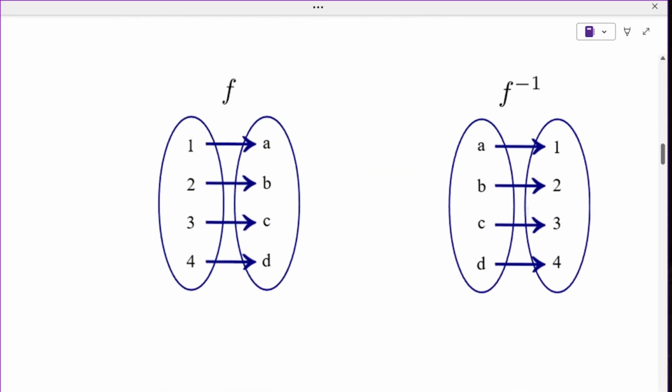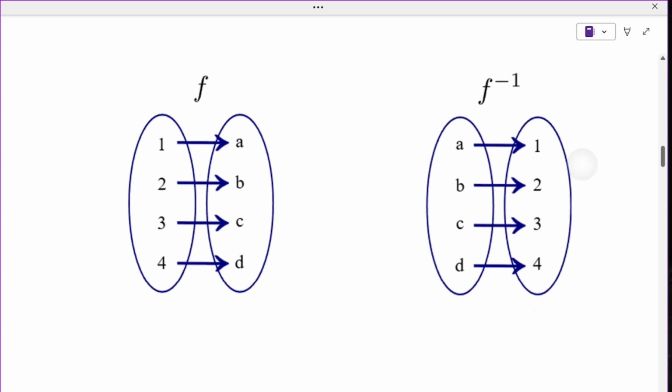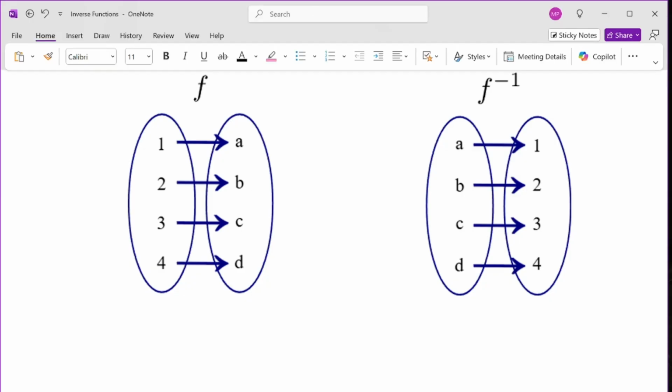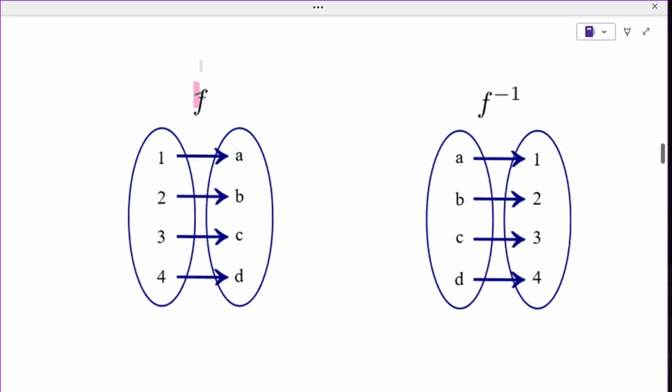Okay, so if we look at it from a function standpoint, we can see here, let me grab a highlighter. On the f function, we can see that 1 maps to a, right? And then for the inverse, which is denoted by this -1, a will map to 1.